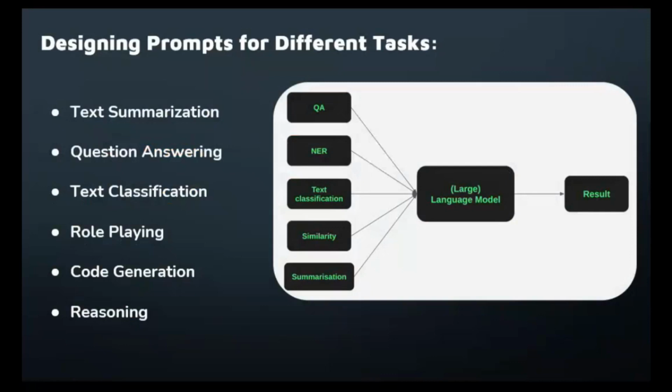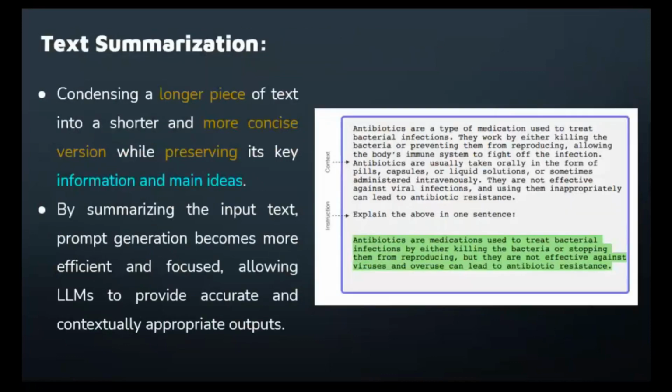Then role playing, where we create engaging prompts from different perspectives. After this, we have code generation, where we are instructing the model to generate code. And then we have reasoning, where we guide the model to think logically. So let's discuss each technique in detail with examples.